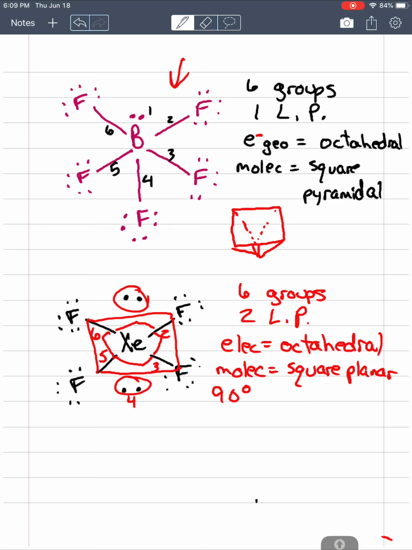All right, let's see what else we are going to do. Here are the rules for VSEPR theory.